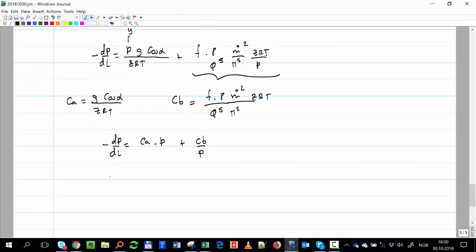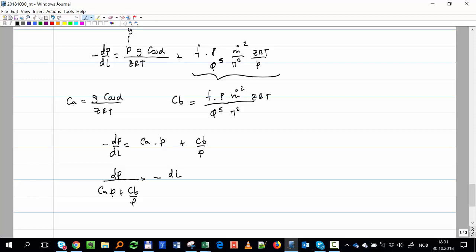So I do variable separation: dP divided by CA P plus CB over P equals minus dL. I separate everything that has to do with pressure, I put it to the left, and everything that has to do with length, I put it to the right.